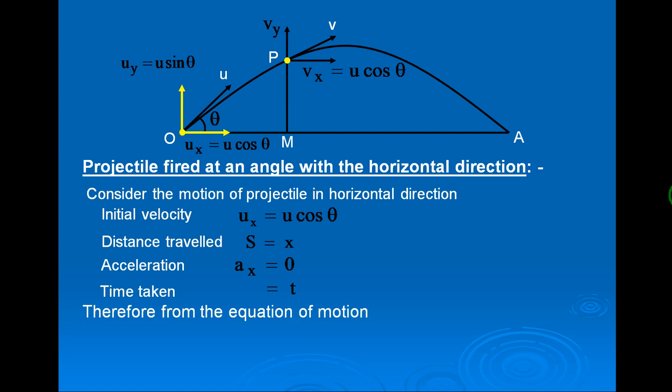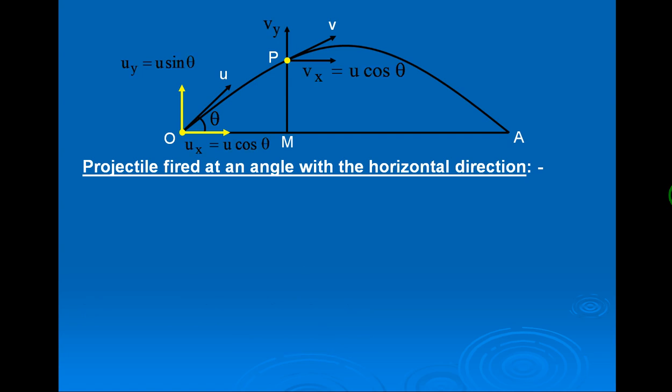Therefore, from the equation of motion, s is equal to ux t plus half ax t square. By putting the values, we get x is equal to u cos theta into t plus half into 0 into t square. Now 0 into something is 0.